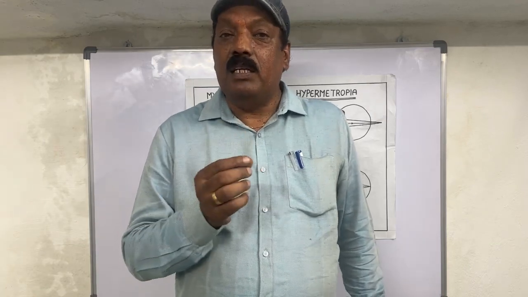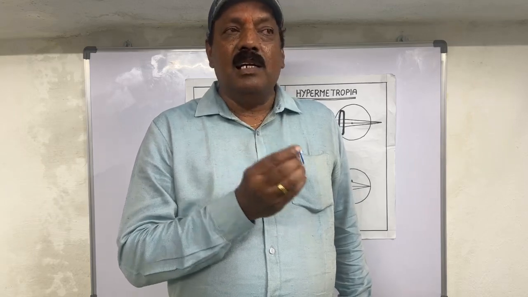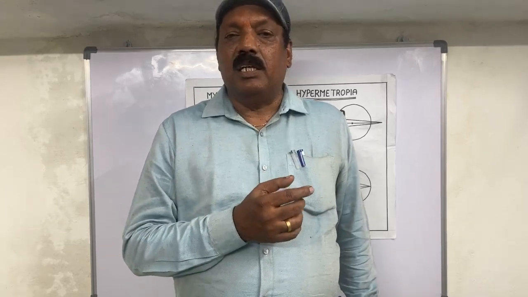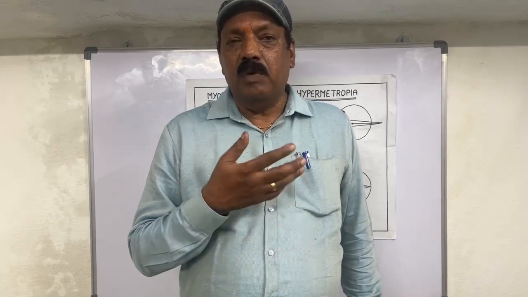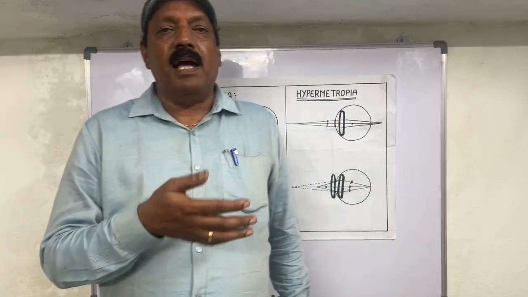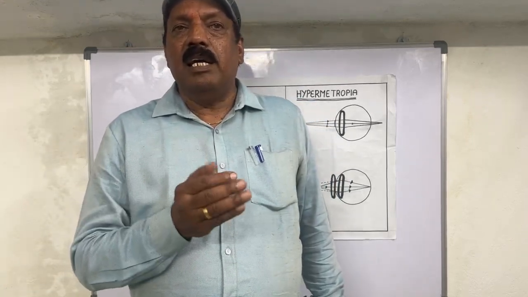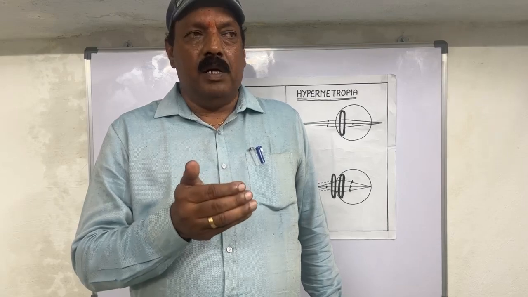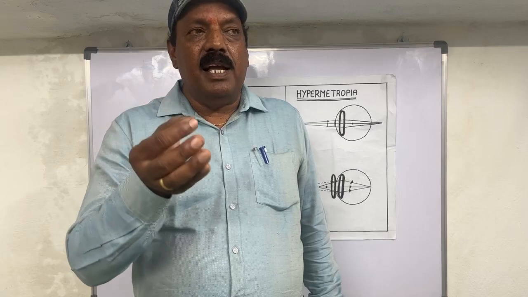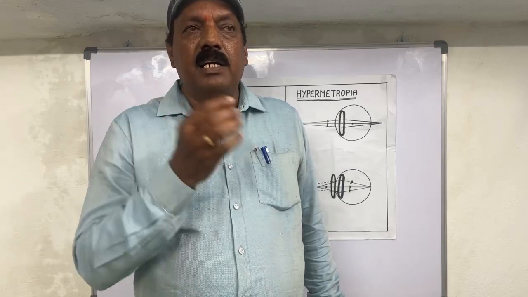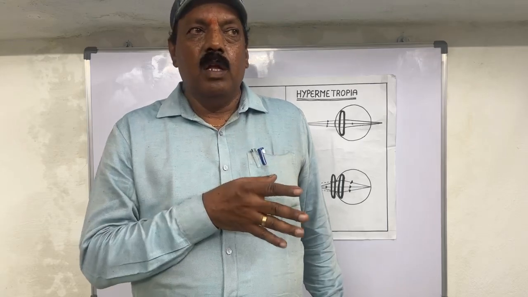Why the sky is blue in color: we know the sun is 150 crore kilometers away from the earth. Whenever the white sun rays enter the atmosphere, the atmosphere contains 79% nitrogen and 20% oxygen. The combination of nitrogen and oxygen is 99%.